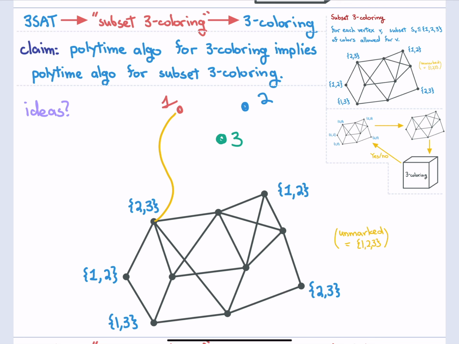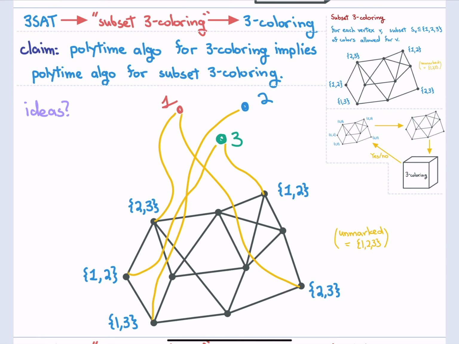The vertex under it that's allowed to be colored 1 or 2 can't be colored green, it can't be colored 3. For 1 and 3, this one cannot be colored 2. For 2 or 3, it can't be colored 1. So if I had 3 vertices out there that were already given colors, red, blue, and green, then I could add these edges to effectively encode these subset constraints.